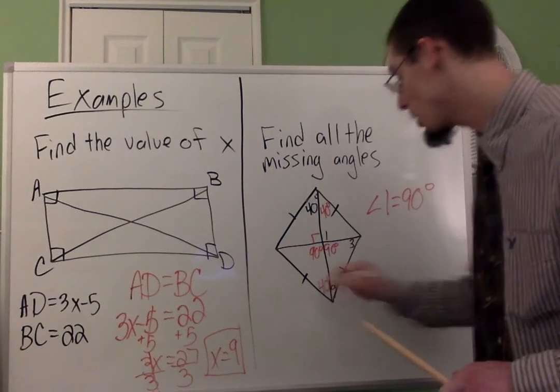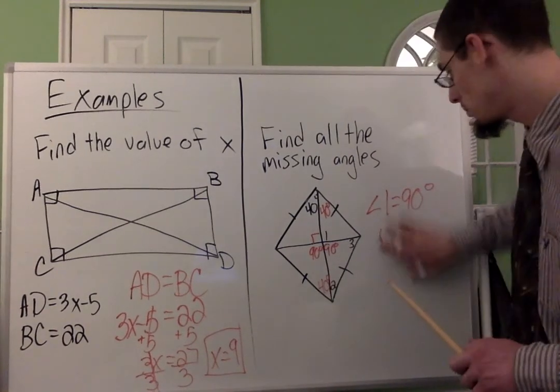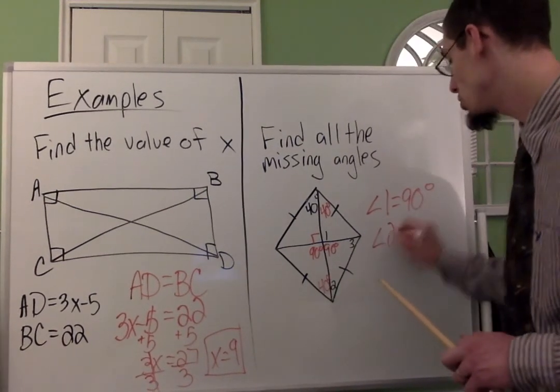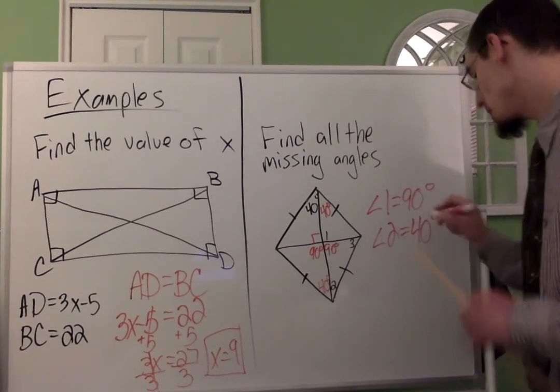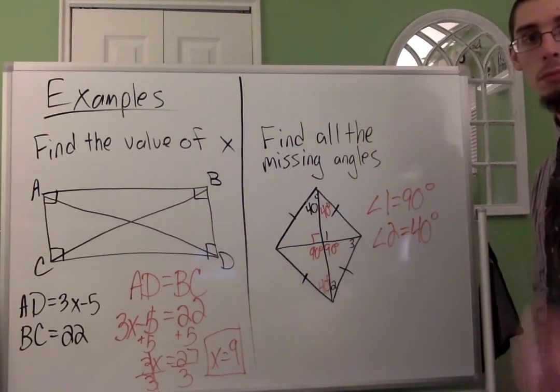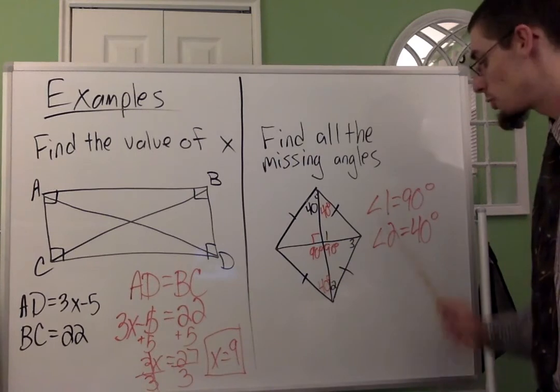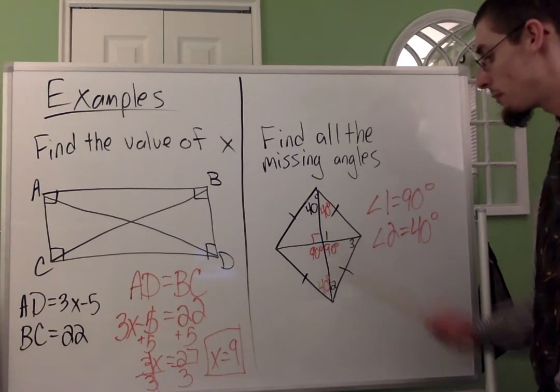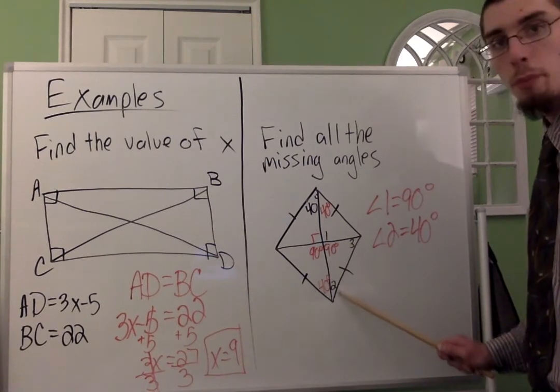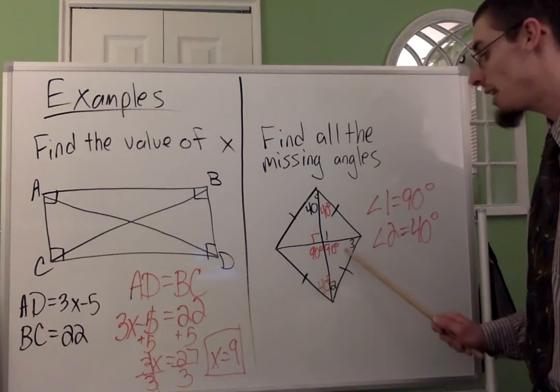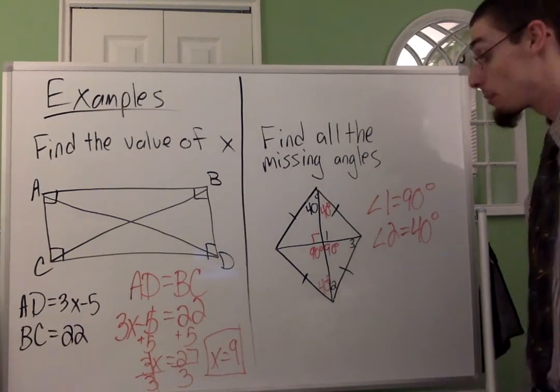This angle's 40 degrees, and angle 2 is 40 degrees. So now we know angle 1, and we know angle 2. The last one to find is angle 3.